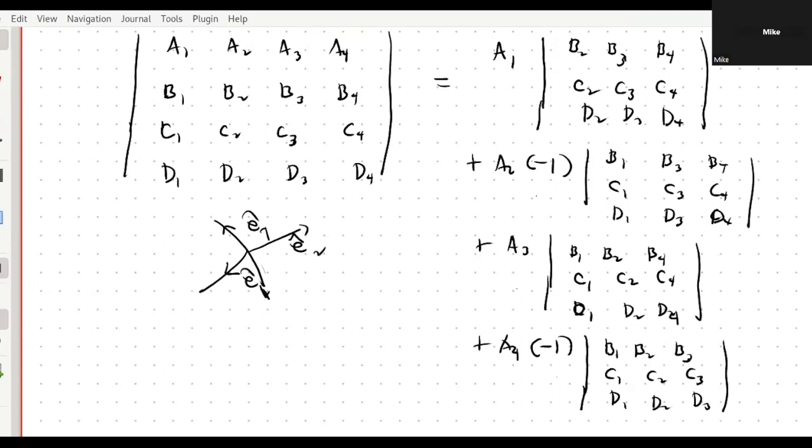Tapos ang length niyan, H1 dq1, H2 dq2, H3 dq3. You can define the volume by just taking the products, or kung naka-Cartesian yan, there's a way to express that in terms of a cross product.